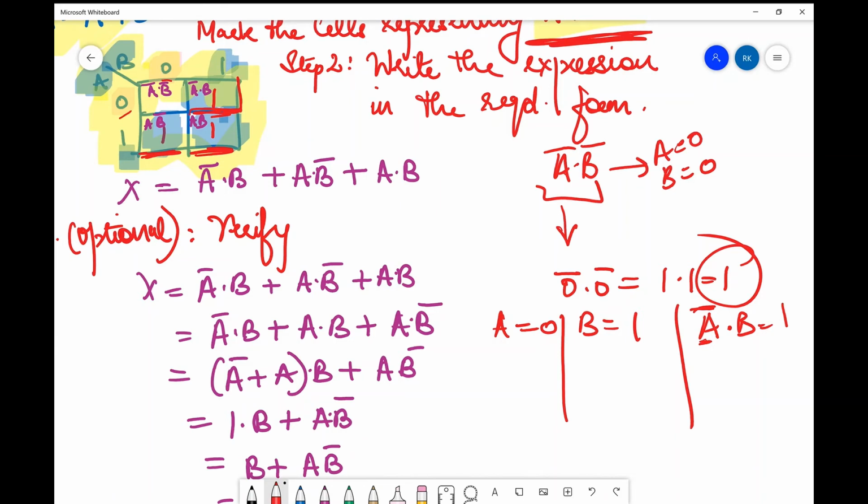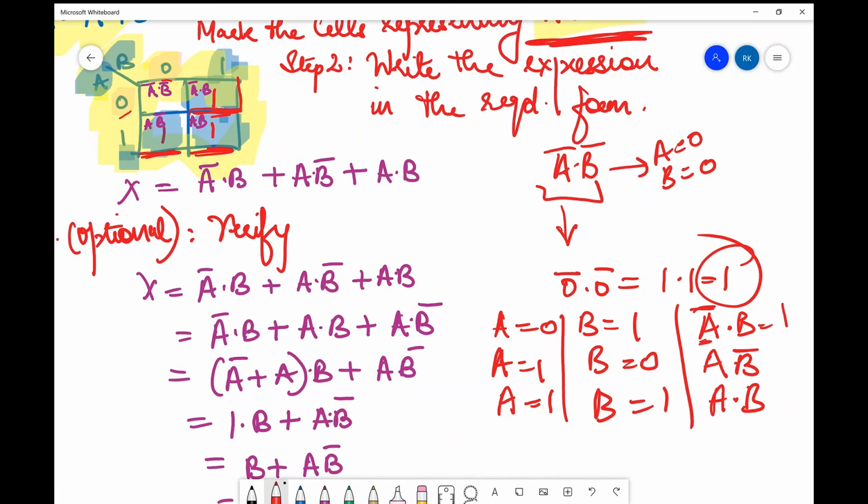Now similarly, when A equals 1 and B equals 0, our expression would be A dot B bar. And when A equals 1 and B equals 1, it will be A dot B. So these are the three terms that will be coming in the logical expression.